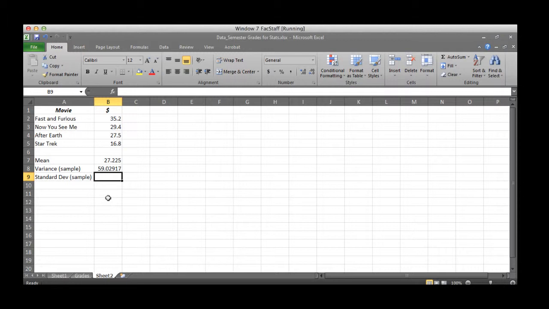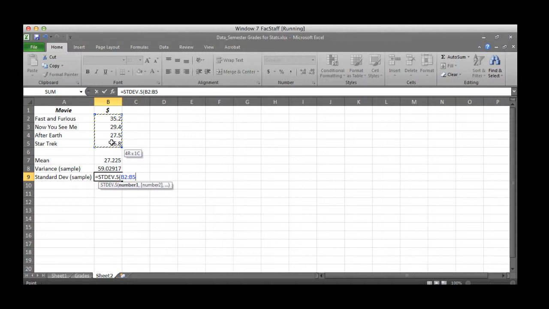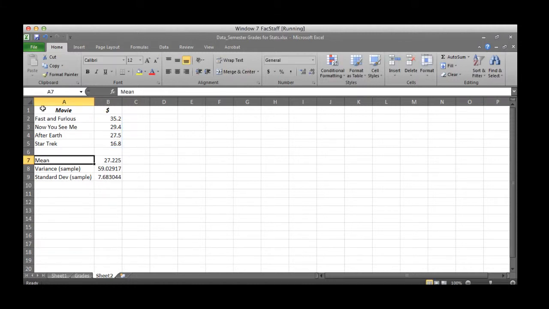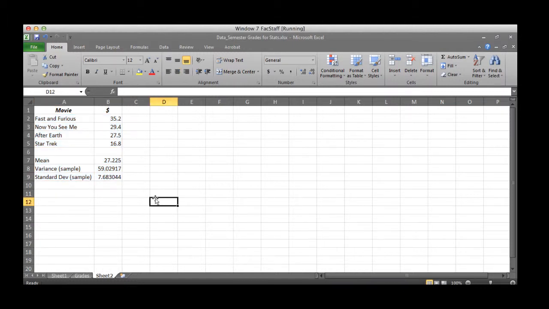And for the standard deviation, I could just take the square root of that, but you'll see that there's stdev.p for the population, and .s for the sample. And so these are the sample statistics for this.